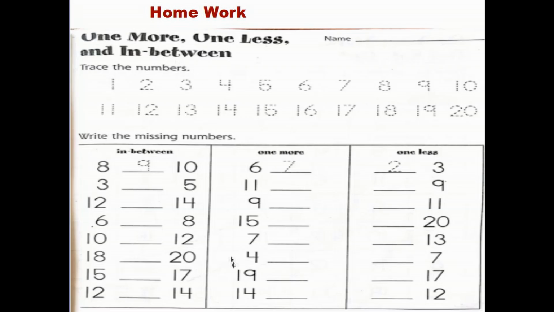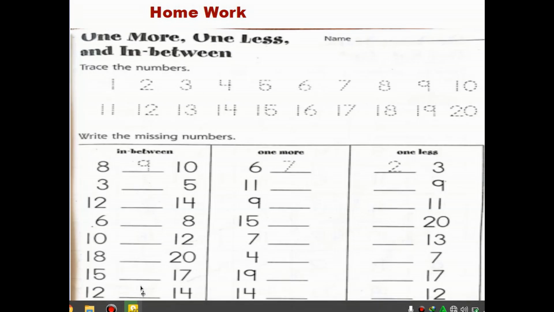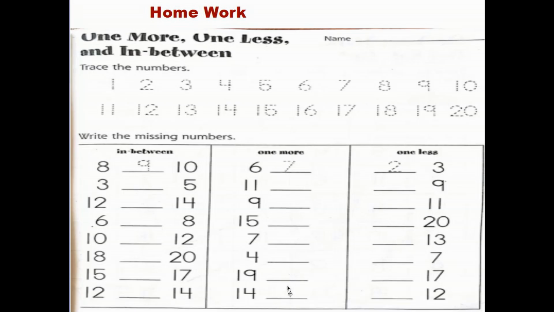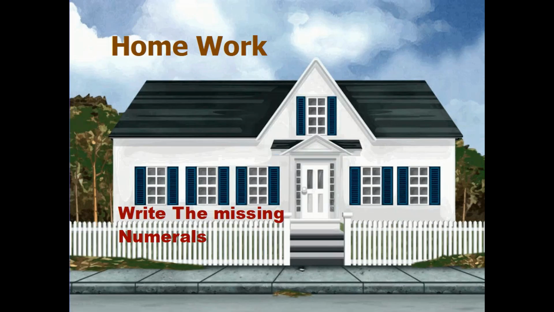Based on the pattern, you complete the blank spaces here. The first one is you write the number in between, the number that comes after, and the number that comes before. One more, one less. Based on this, you complete your homework. And then we will see it next time.